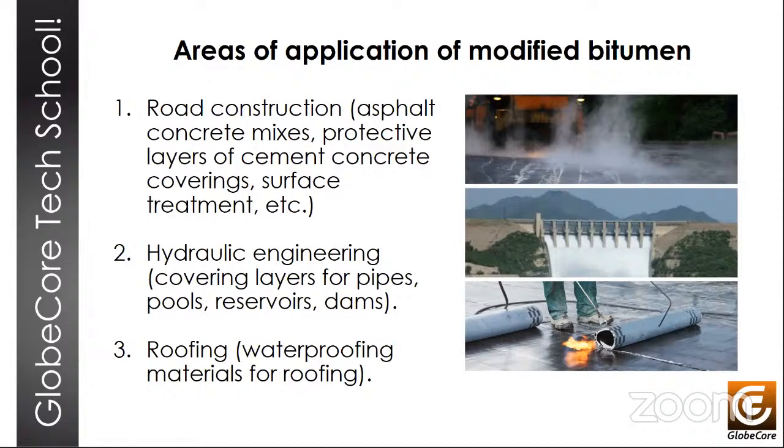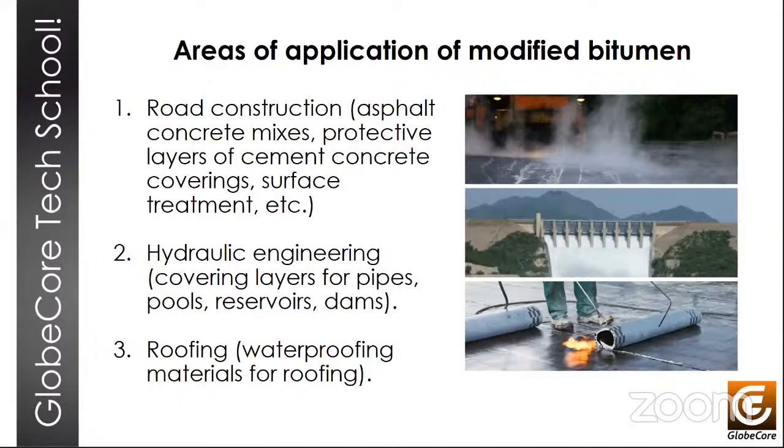It's used for preparation of drainage asphalt and bitumen elastomeric sealing mastics. It's used in hydraulic engineering as well for coating of potable water storage tanks and lining of water supply pipes as well. Coatings by modified bitumen provide very reliable protection against leaks in pools, reservoirs, dams, etc.